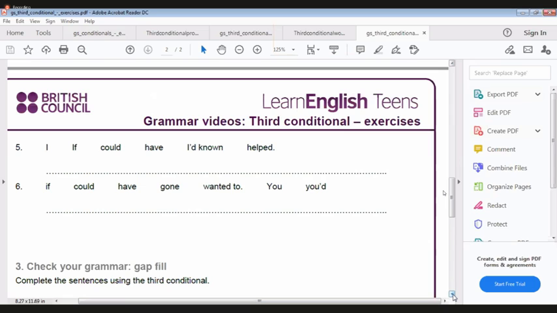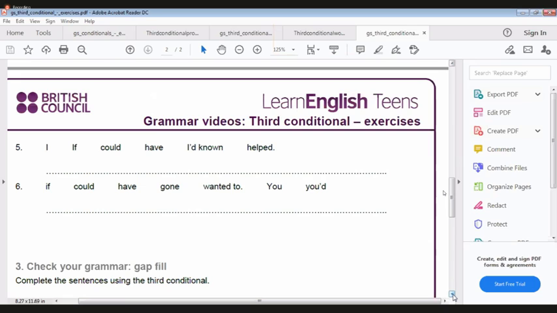Okay, sixth one also Tarinda. You can't put "if" at the front here. You could have gone when you wanted. Try again. Here, which clause are you giving first, the main clause or the if clause?